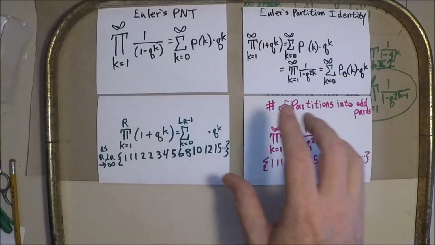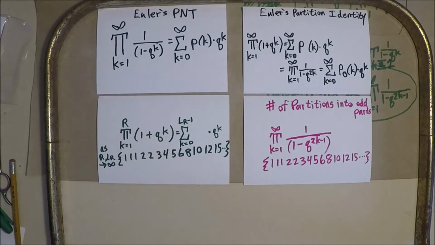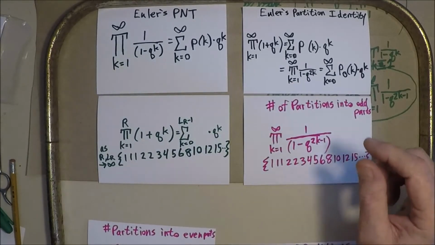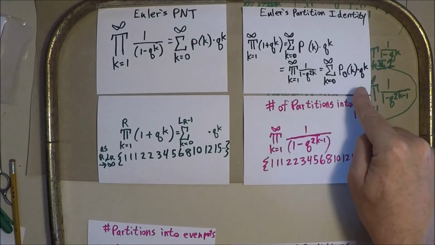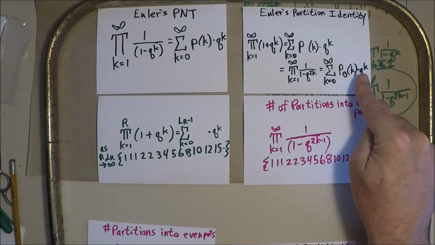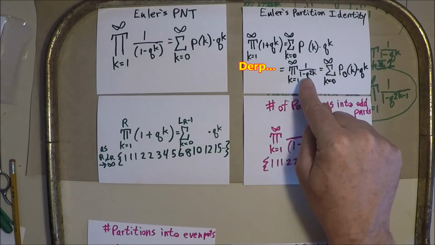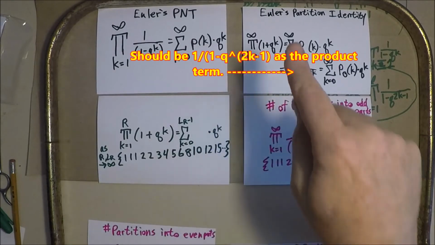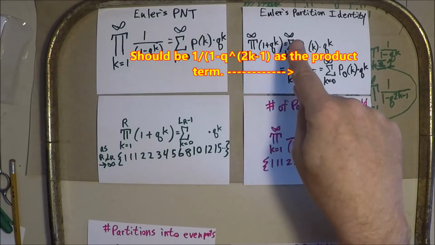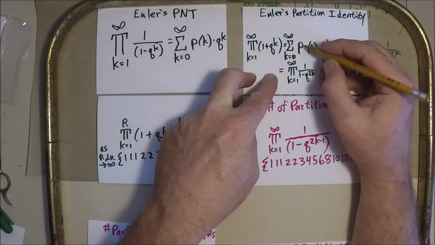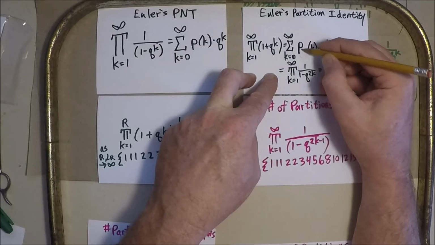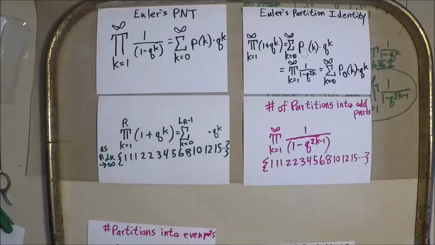One of the first things he proves with the pentagonal number theorem is that the partitions into odd parts given by this Q series are equal in number to another type of partition. And what is that? That's the question we keep trying to answer here.